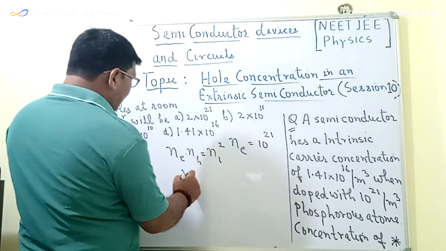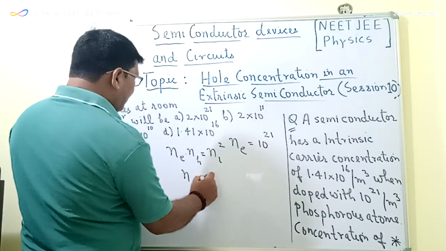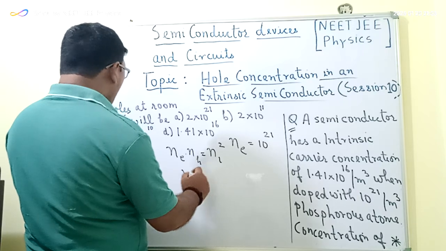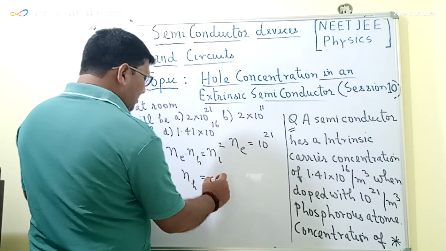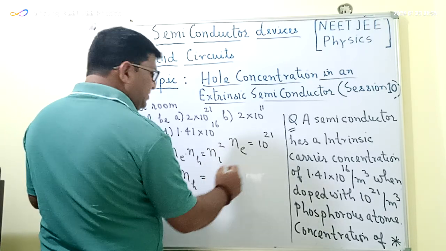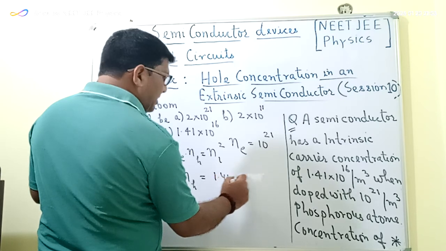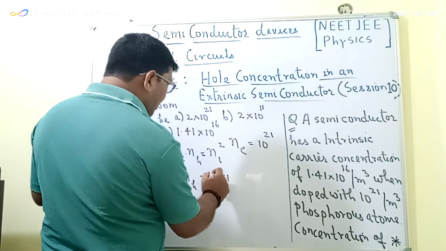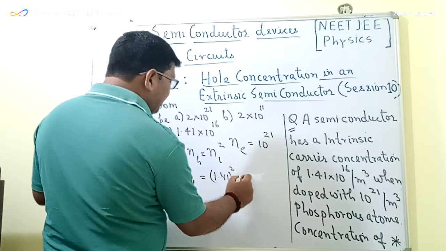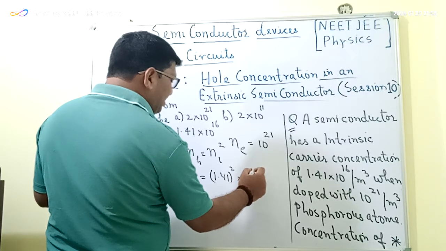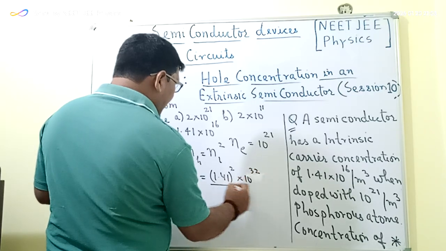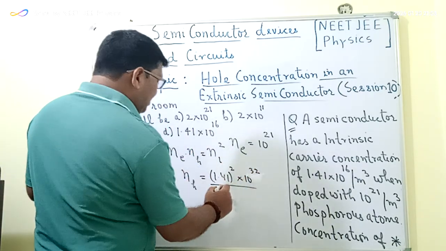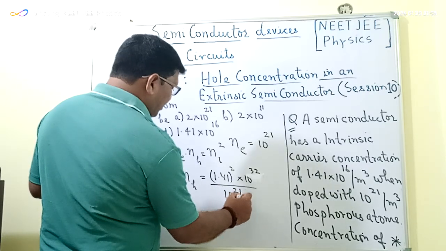So from here the hole concentration will be equal to Ni whole square divided by Ne. Now Ni is equal to 1.41 into 10 to the power 16, whole square. So this will be equal to 1.41 whole square into 10 to the power 32 divided by Ne. Now Ne is equal to 10 to the power 21.